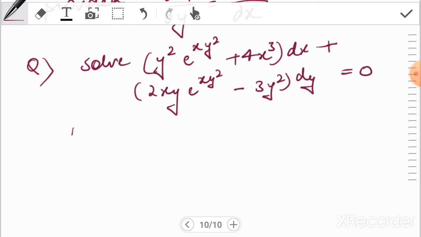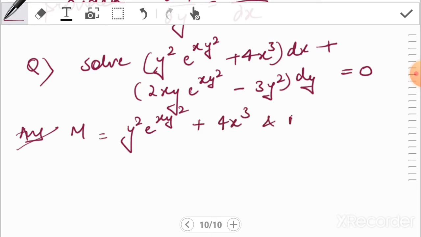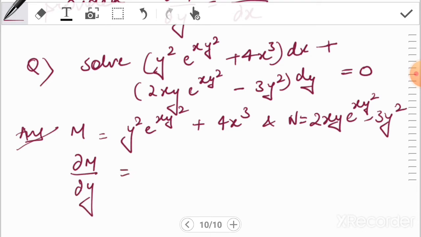So here M is equal to y square e raised to the power xy square plus 4x cube and N is equal to 2xy e raised to the power xy square minus 3y square.